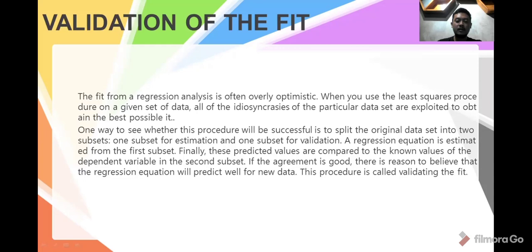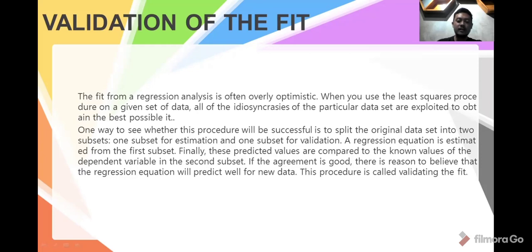Validation of the fit. The fit from a regression analysis is often overly optimistic. When you use the least squares procedure on a given set of data, all of the idiosyncrasies of the particular data set are exploited to obtain the best possible fit. One way to see whether this procedure will be successful is to split the original data set into subsets.